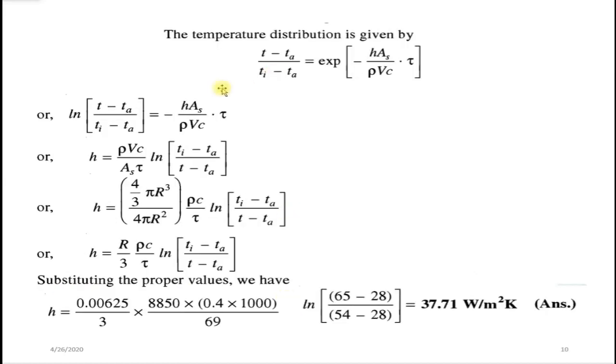Then the temperature distribution equation is the same: T minus TA divided by Ti minus TA is equal to e power of minus h into area divided by rho into V into C into time t.